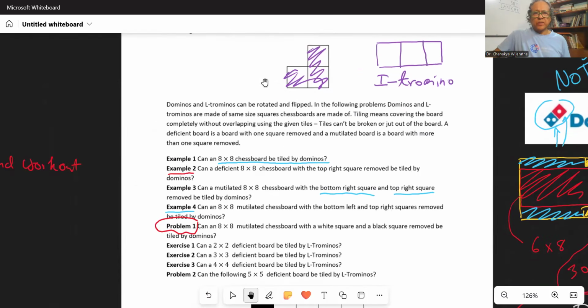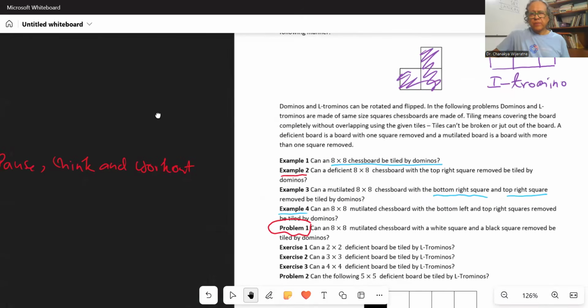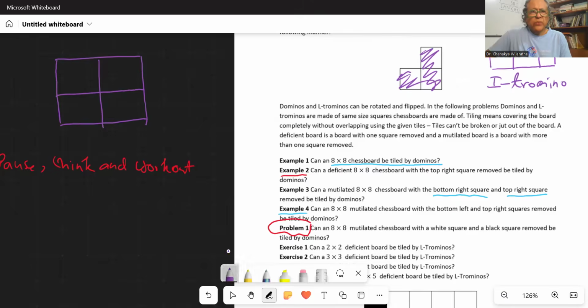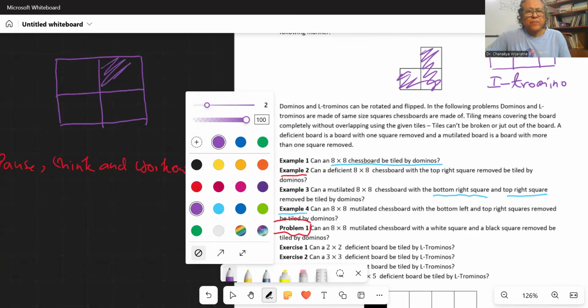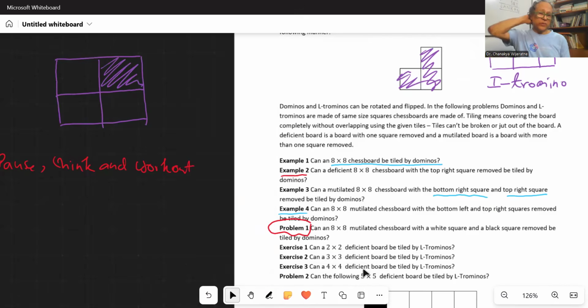Now the first task is to tile a 2 by 2 deficient board by L dominoes. Again, we are not told which square is removed, so we have four choices. Here, the top right is removed, and you can see that we can cover this by one tile.